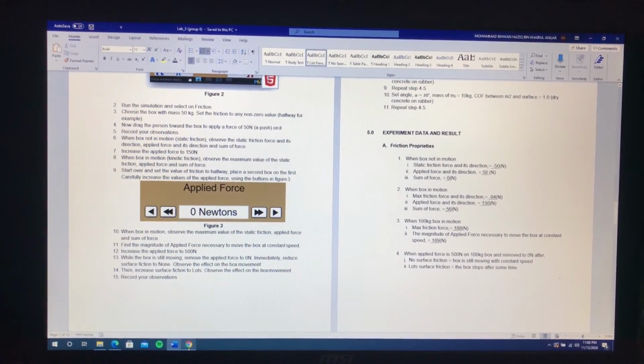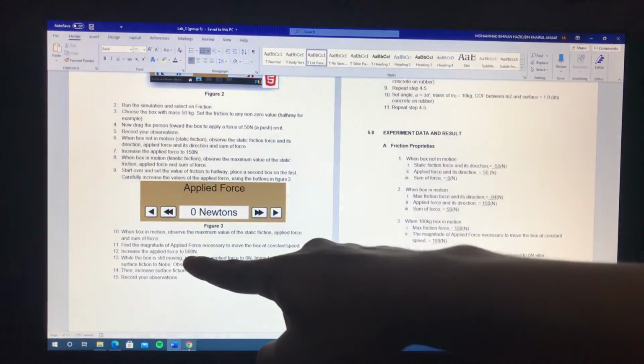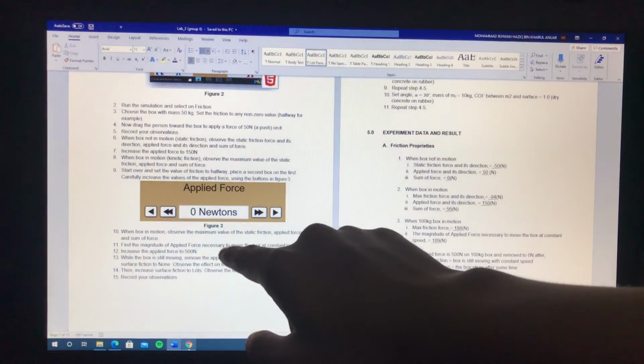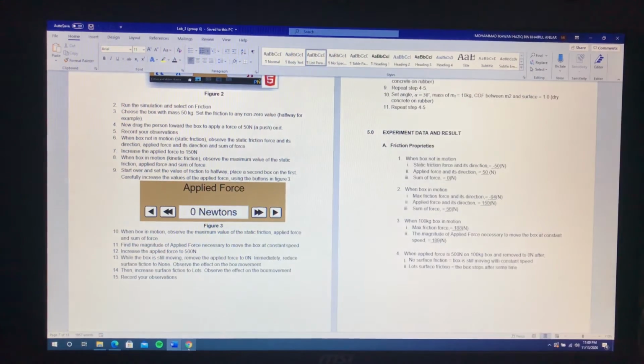And the fourth is when I apply the maximum force. As you can see here, maximum, and because the maximum on the virtual is 500 Newton, using the 100 kg box, it's the same.